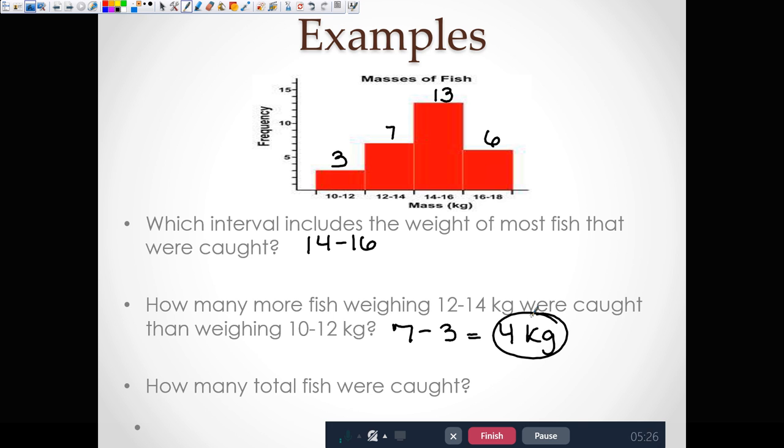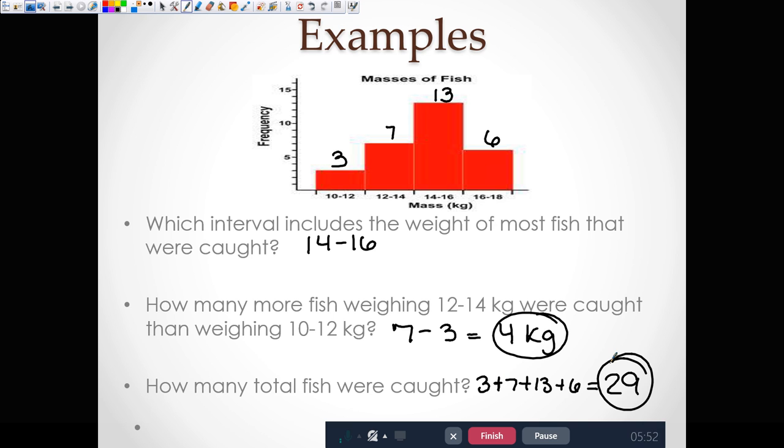Okay, how many total fish were caught? So we're going to add up all of our numbers, which they have up there, but we have 3 plus 7 plus 13 plus 6, and we will get 29. Okay, so that part is pretty easy.